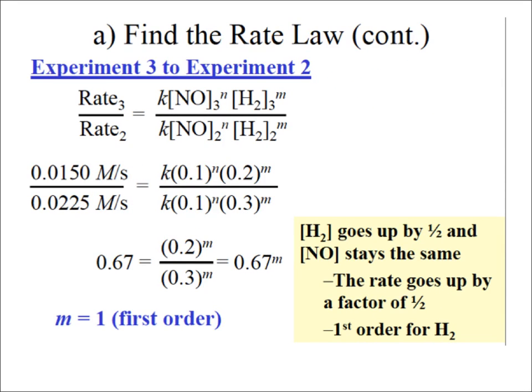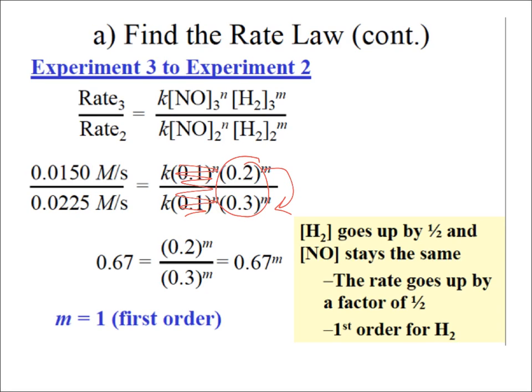To figure out the hydrogen, you can use experiments 2 and 3. Now it's not a whole number change. The nitrogen monoxide is a constant. In experiment 3, it was 0.2. In experiment 2, it was 0.3.